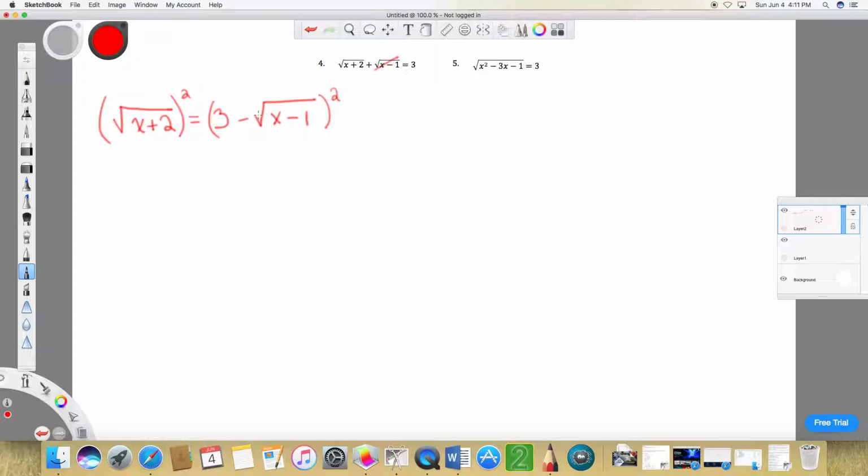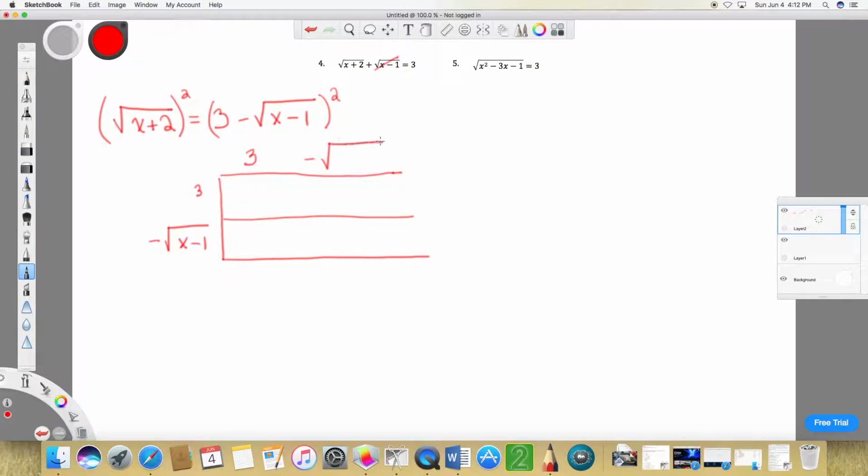On the right-hand side, when you are squaring this binomial that has a radical, you may not have experience in doing that. Until you do get used to it, I suggest that you do it in the form of a table. That way it's nice and neat and organized, and you'll be less prone to silly mistakes.